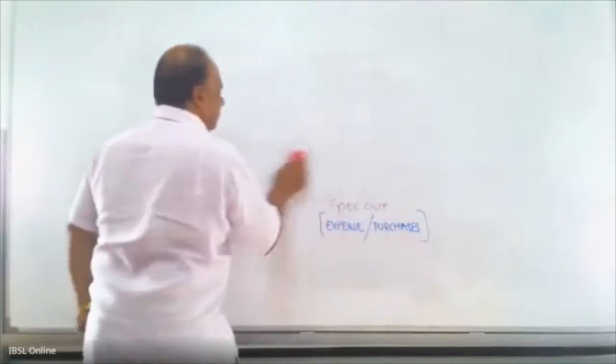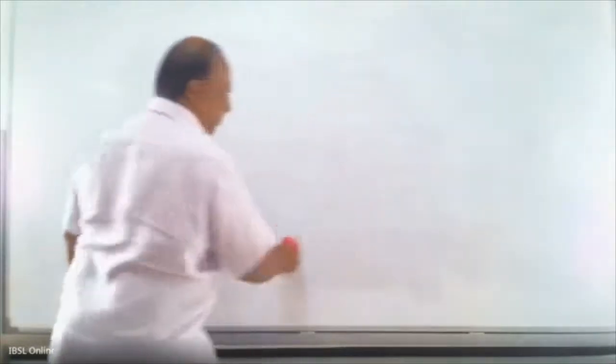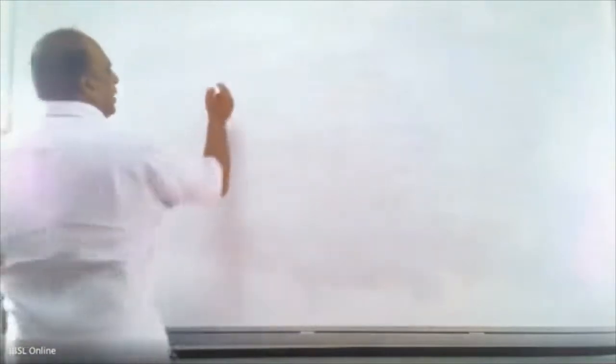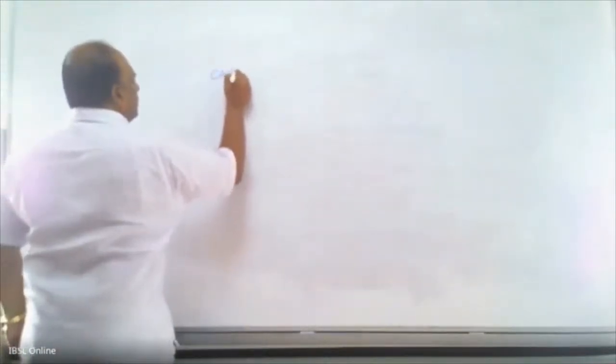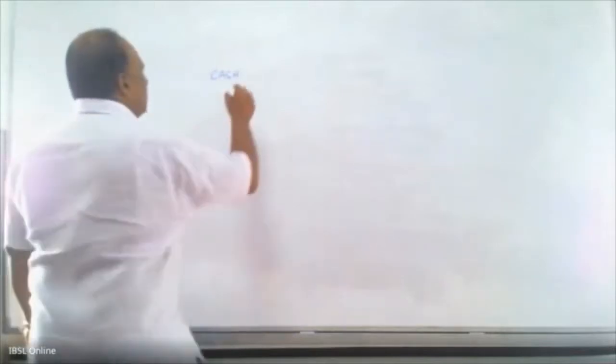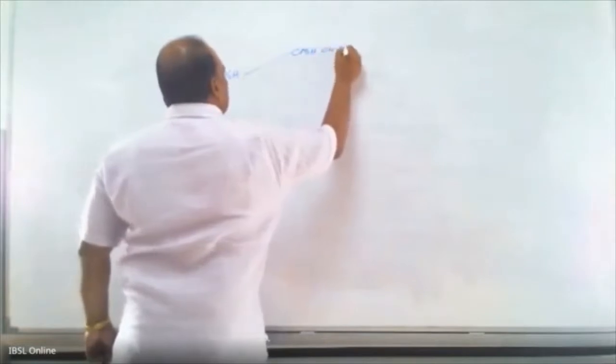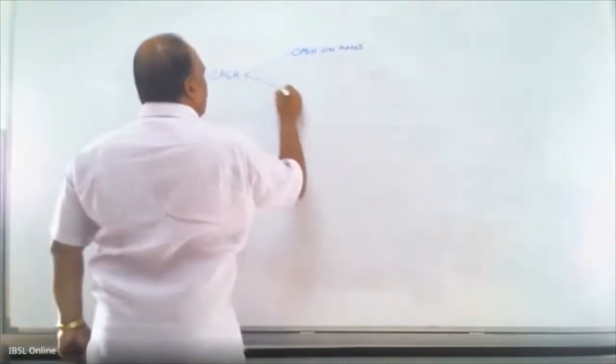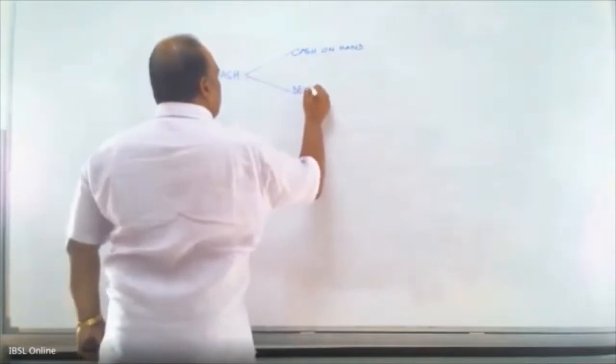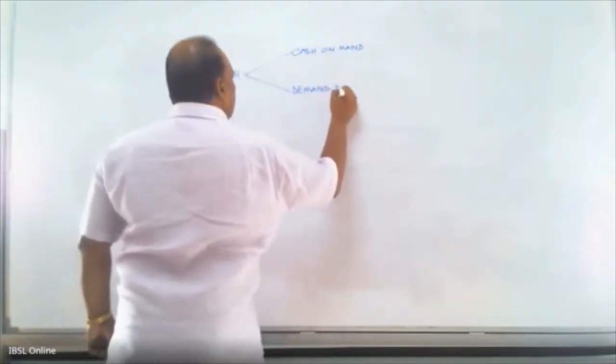So let us look at the definitions. We call it cash. The definition says cash. Cash means what? The cash on hand, and it also says demand deposits.